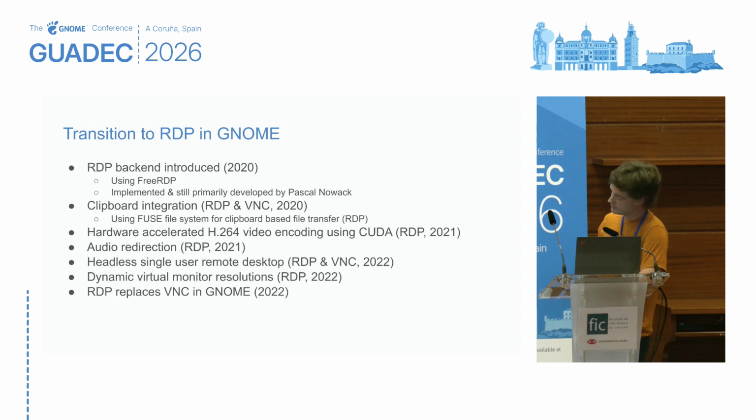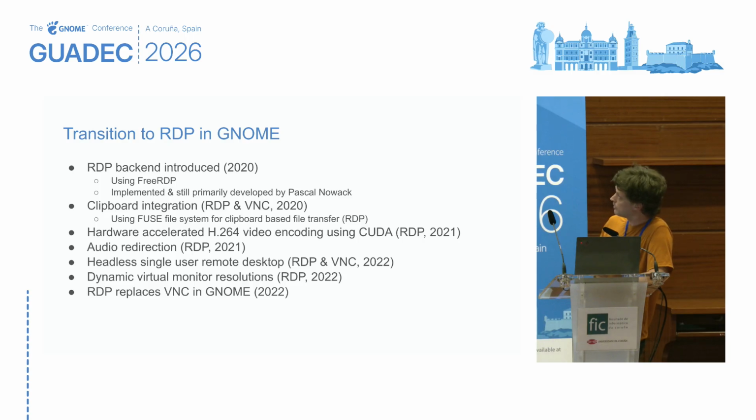So he introduced that back in 2020 using the FreeRDP project, which from an upstream remote desktop protocol project point of view, is much more active, much more featureful, much more potential, so to say.